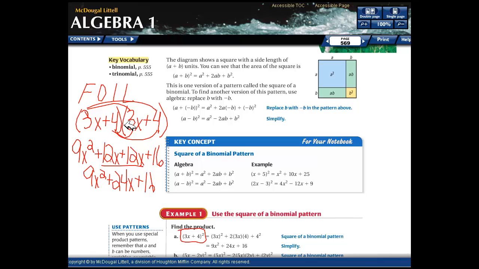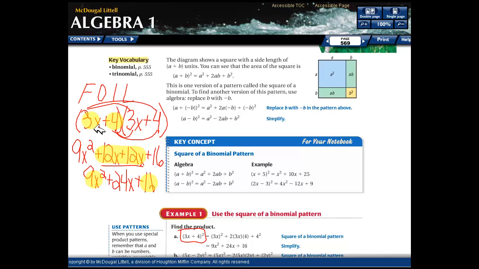You can do another shortcut to say, okay, if you square the first, you get this. And if you square the last one, you get this. So now the only other shortcut is you know you're going to end up with two of these, which is the 3x times the 4.